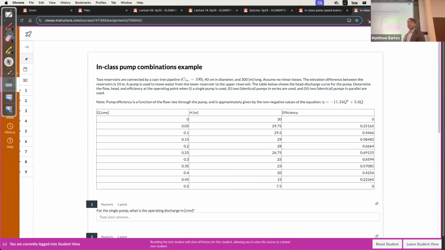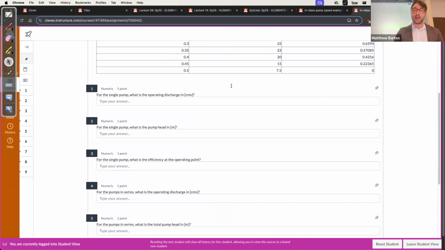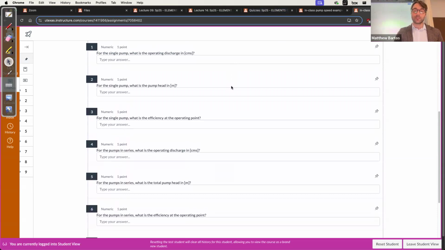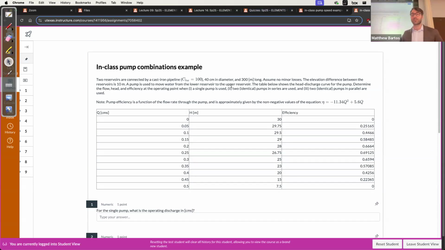This problem uses the same pipe system, but now we have two pumps operating in series and in parallel. We're going to evaluate the operating discharge and the efficiency for the pumps acting in series and in parallel. Let me give you a quick drawing.